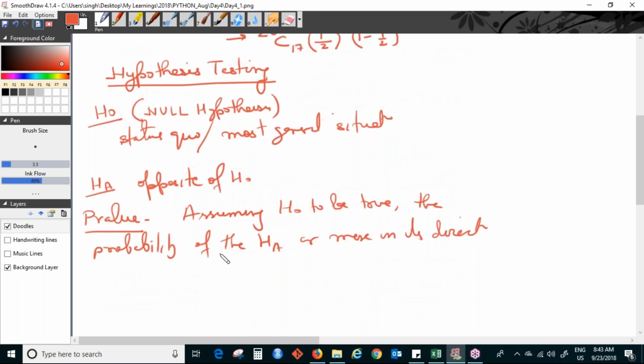This probability that you get is the p-value. So remember this: or more in the direction of the alternative. You will have to remember what the direction of the alternative is.